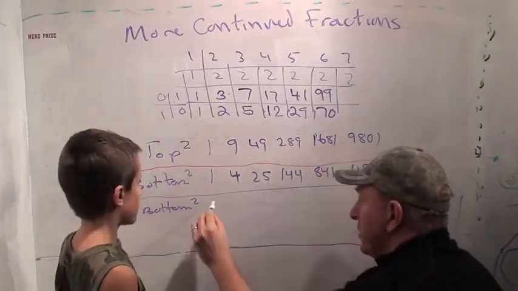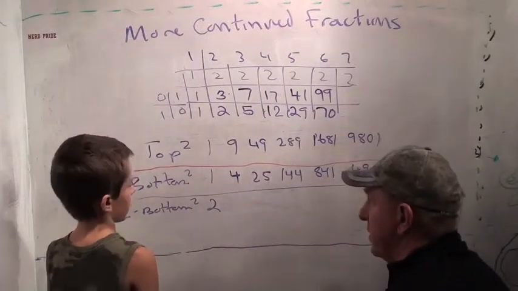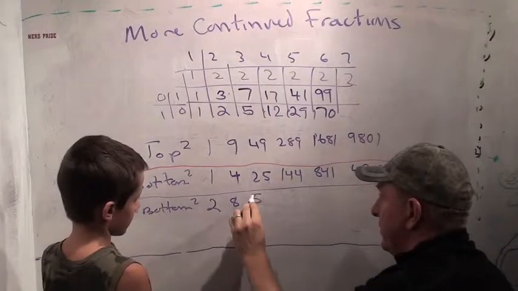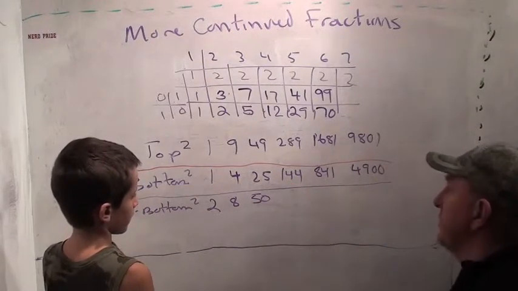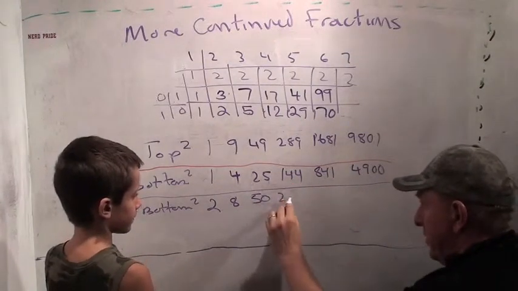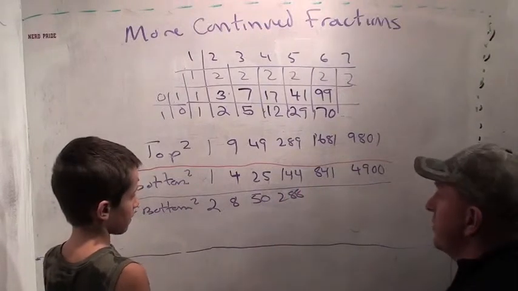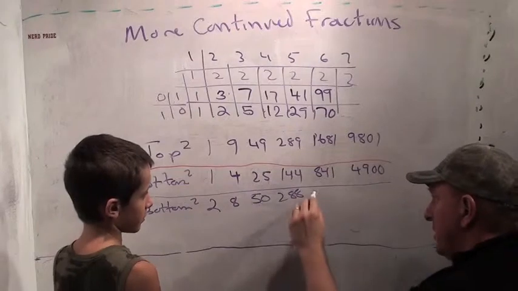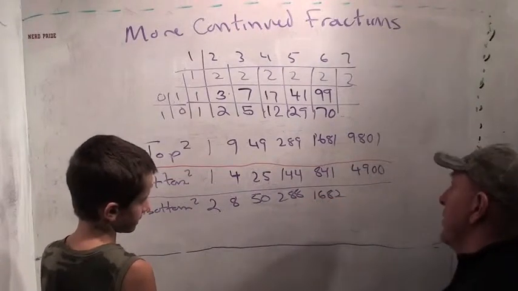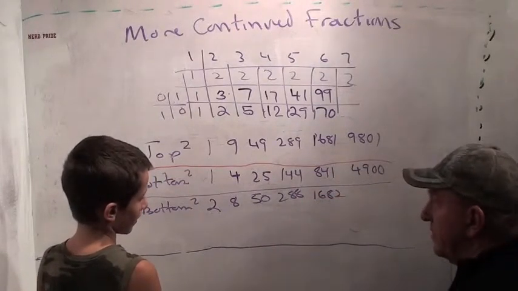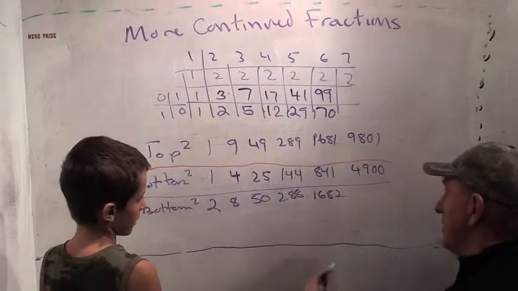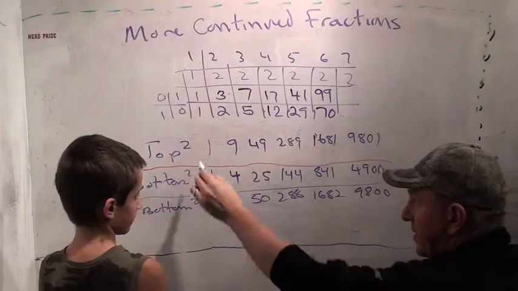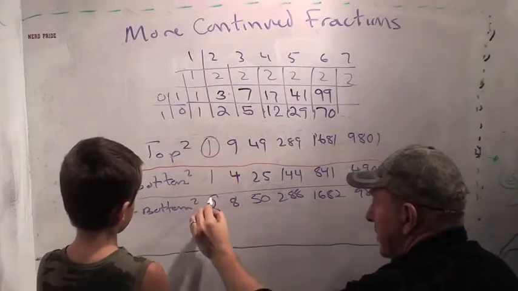It is just 2. 2 times 4 is 8. 2 times 25 is 50. 2 times 144 is 288. 2 times 841 is 1682. 2 times 4,900 is 9,800. Very good.